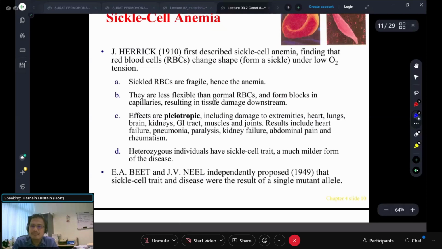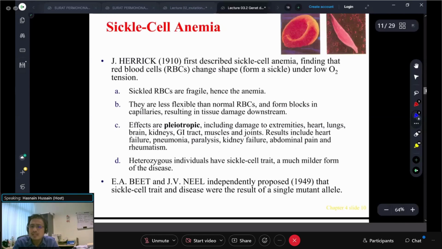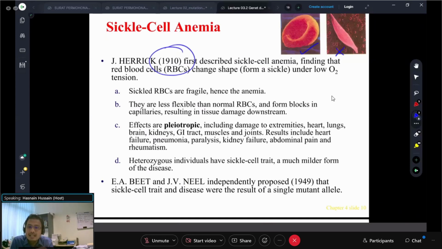All right, sickle cell anemia. It was first described by finding that the red blood cell, through study using the microscope for example, has a different shape compared to the normal. So that was 1910, just a little later than Mendelian genetics. But it was not yet known that this was also caused by DNA, because only in the 1950s and 60s was DNA fully described.